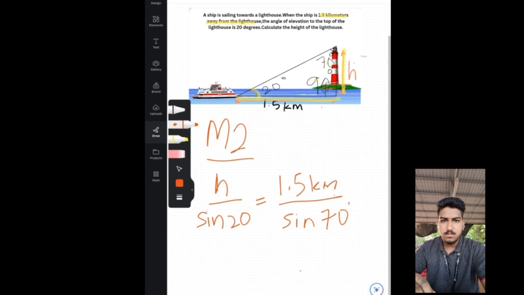So we must move the sine 20 to multiply with 1.5 kilometers over sine 70. So we get the h value is 0.546 meters. So the answer is the same. So we can use both methods to find the height of the lighthouse.